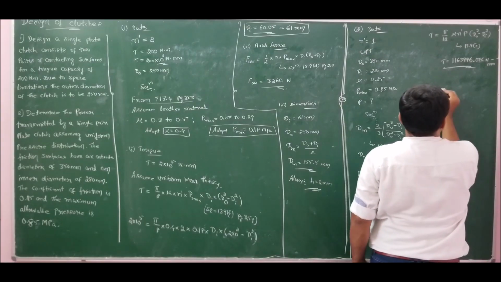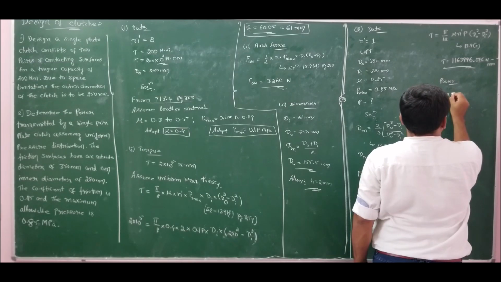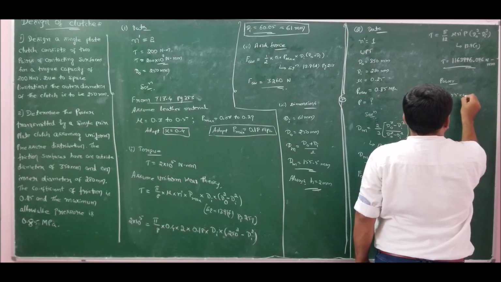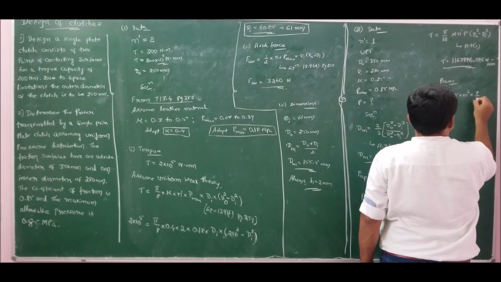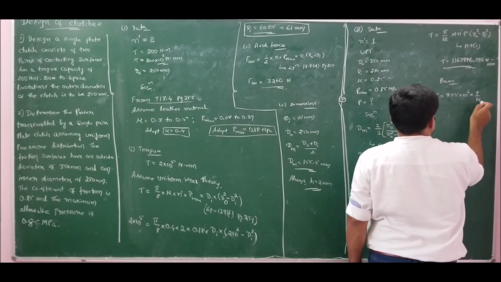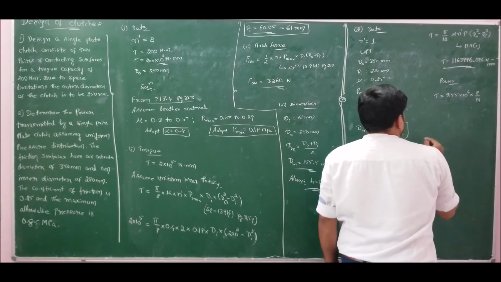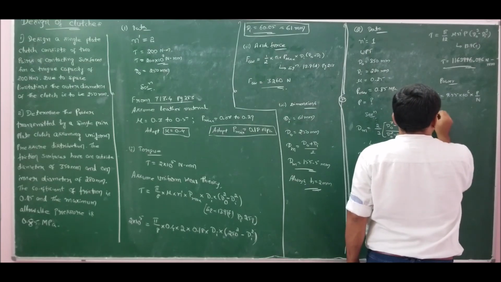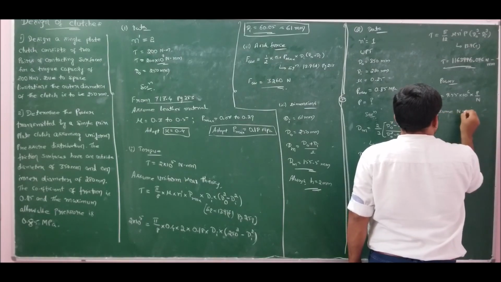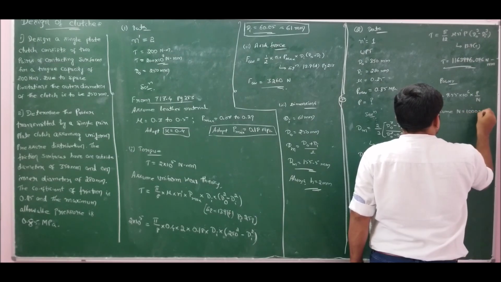So therefore I can find the power, as we know that torque T is equal to 9.55 into 10 to the power of 6 into P by N. Since speed is not given, assume the speed as 1000 rpm. Assume N is equal to 1000 revolutions per minute.